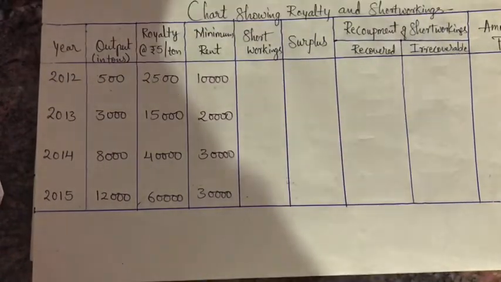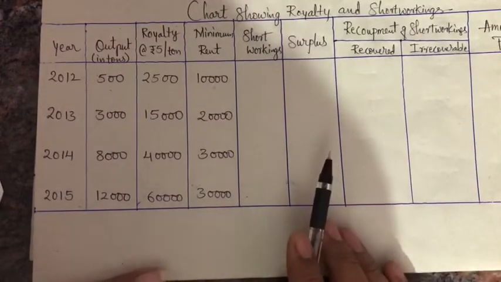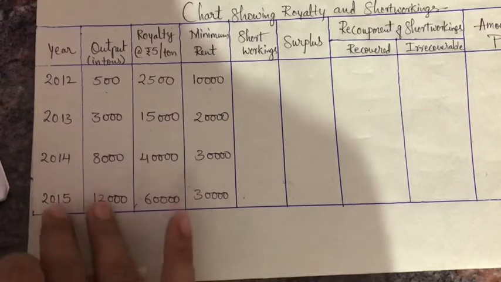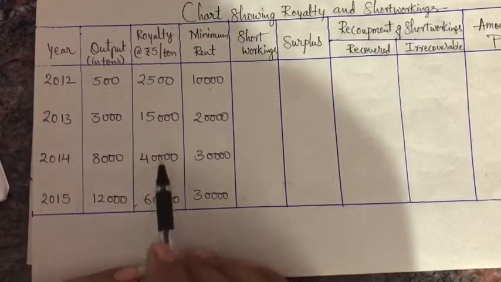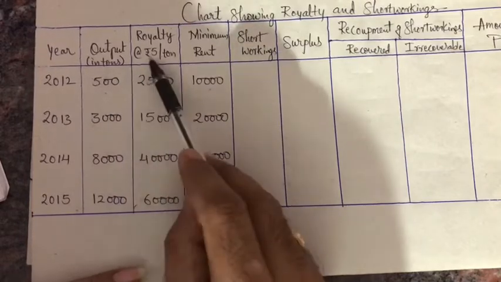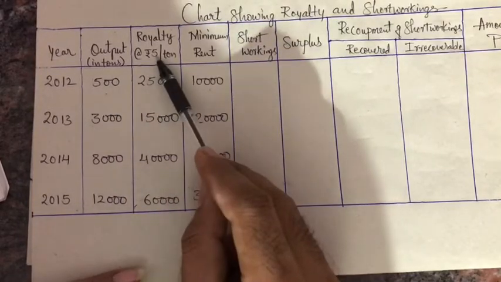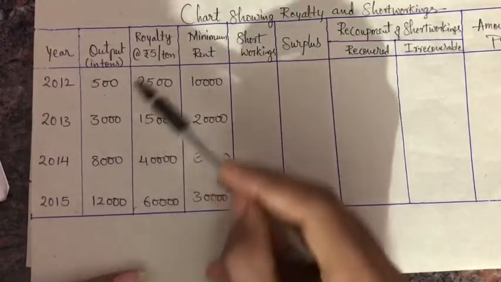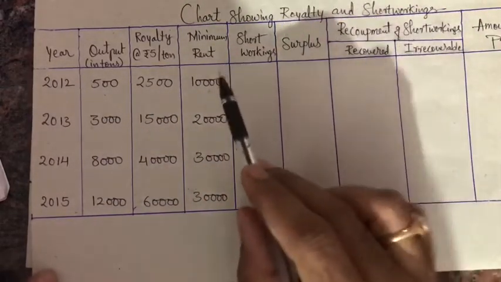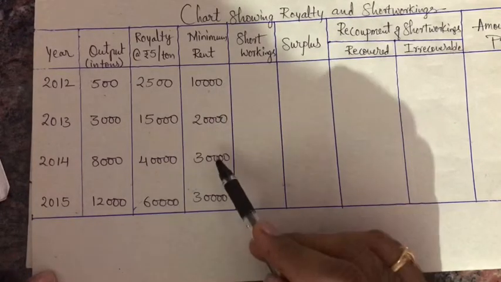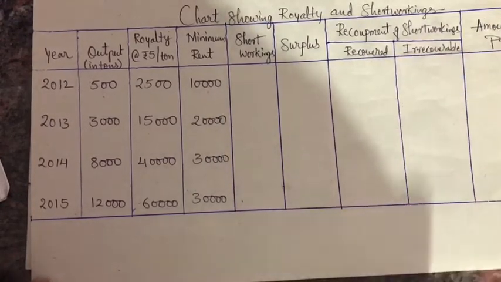Keeping the question aside for a while, the first and second columns are already given in the question, and in the third column we calculate royalty as number of tons into royalty per ton, that is rupees 5 per ton: 500 into 5, 3,000 into 5, 8,000 into 5 and 12,000 into 5. Afterwards, minimum rent is 10,000 in the first year, 20,000 in the second year, and thereafter 30,000.